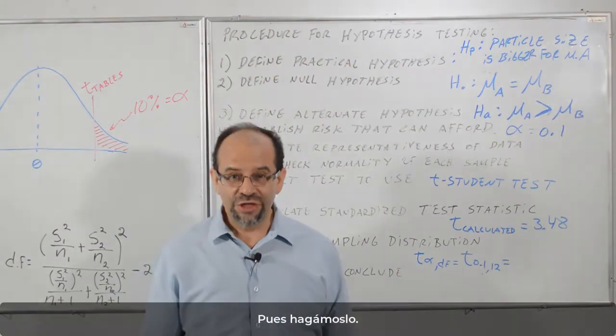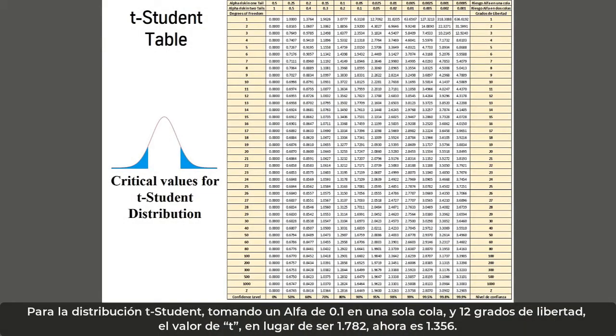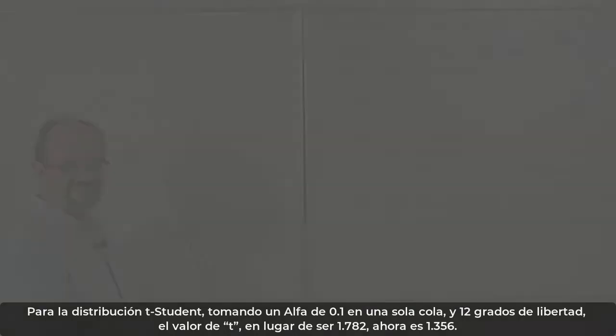So let's do that. For t-student distribution, and taking that in one tail an alpha of 0.1 and 12 degrees of freedom, the t-value, instead of being 1.78, is 1.356.